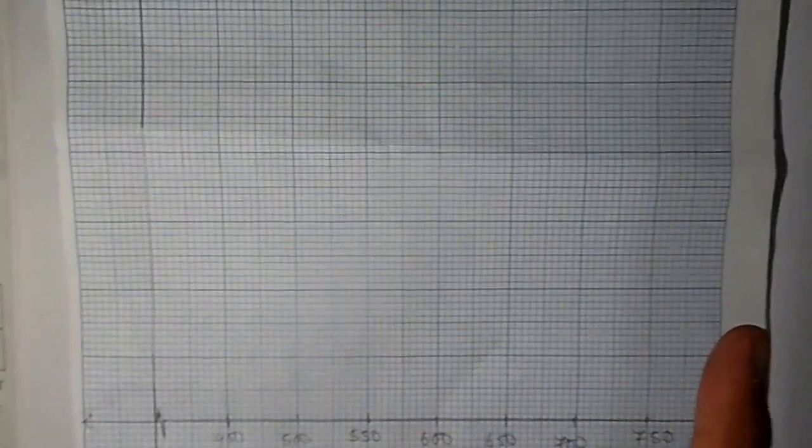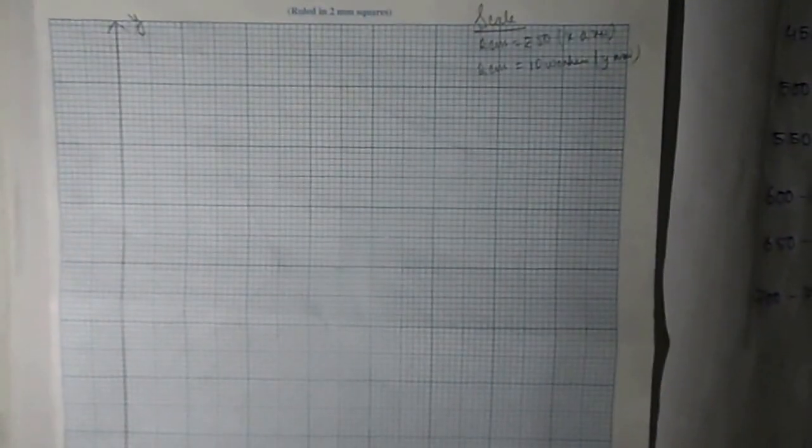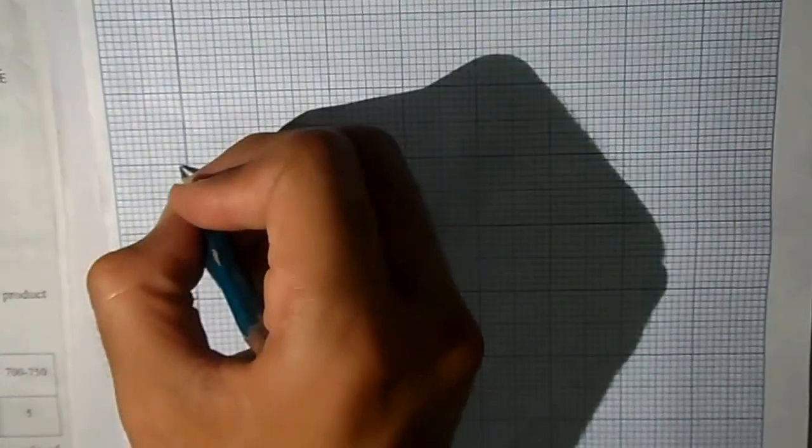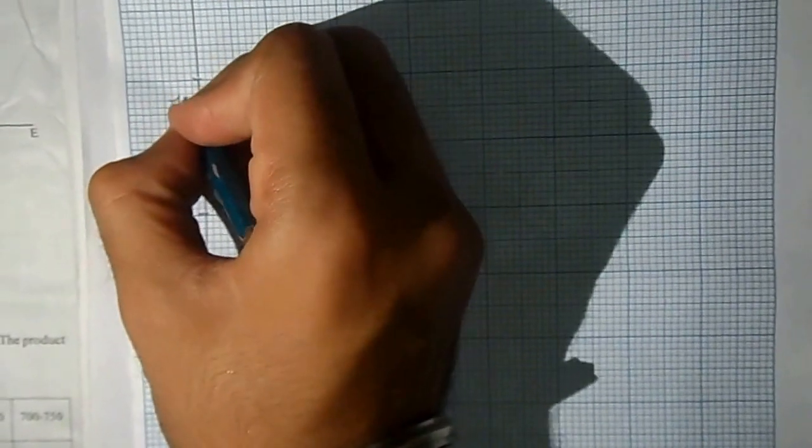And 10 workers on the y-axis. This is the y-axis: 0 workers, 10 workers, 20 workers, 30, 40, 50, 60, 70 and 80.